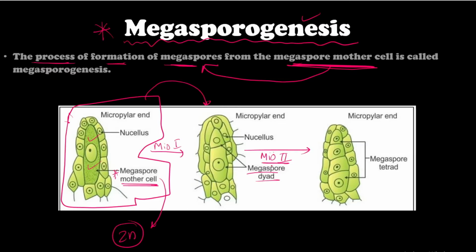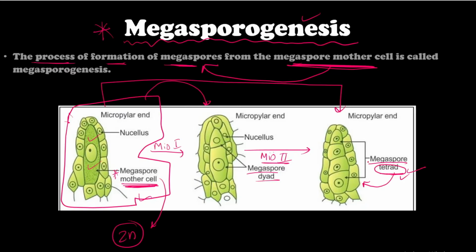As a result, after the whole process of meiosis, this megaspore mother cell gets converted into a megaspore tetrad. The word tetrad resembles the combination, the arrangement, of these four cells or four megaspores.